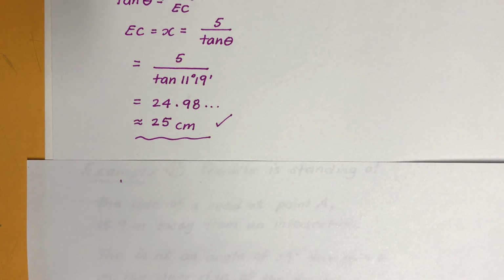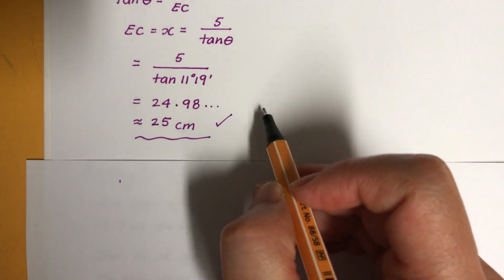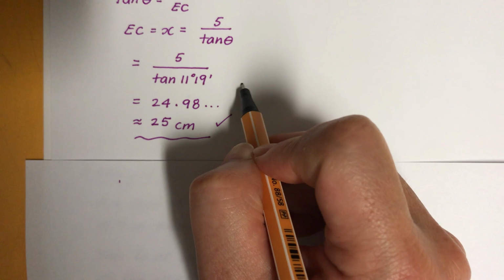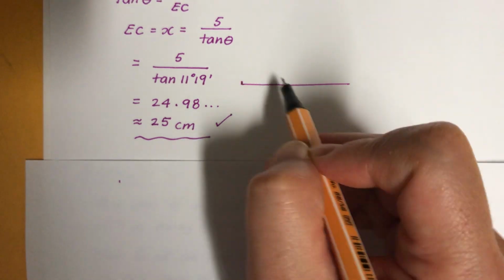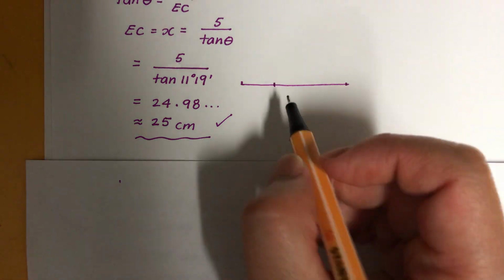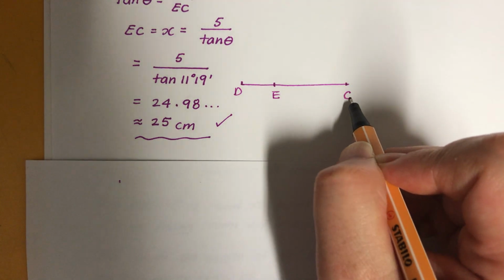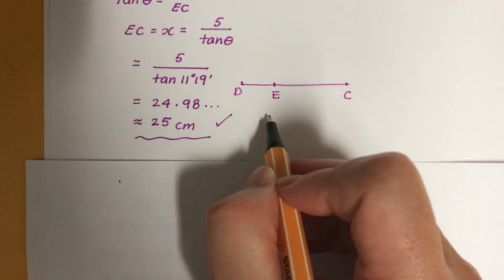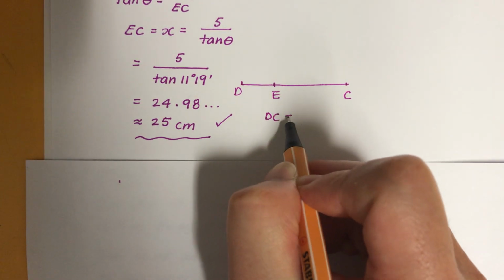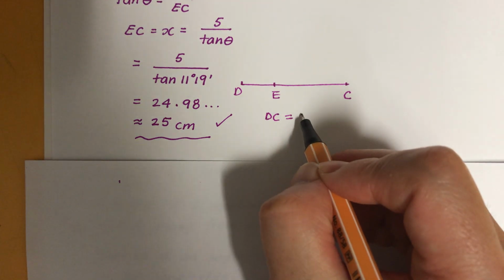Okay, but that's not really our answer, because that's just finding, I shouldn't call it X actually, D, E, C. So the length will be DC, isn't it? DC is what?